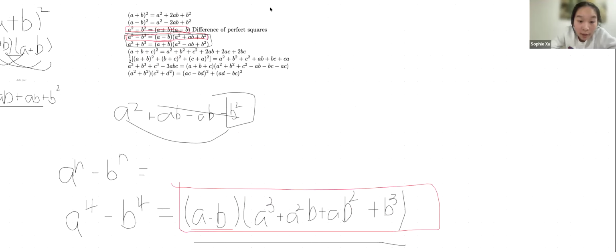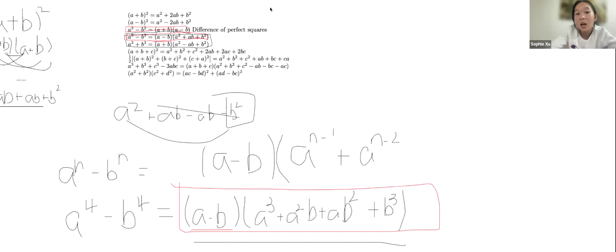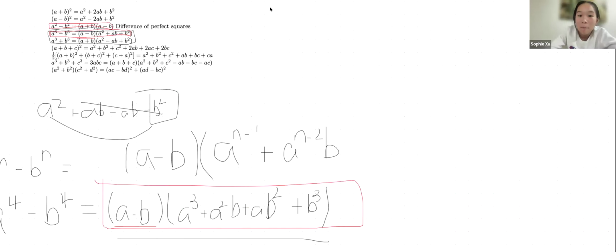Well, you got the a minus b part correct. That is a part of every single a^n minus b^n. And you got the a to the power of n minus 1 bit correct, and then plus a^(n-2) times b. But there are a lot more middle terms.